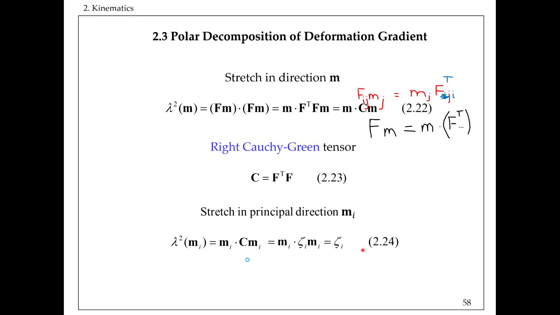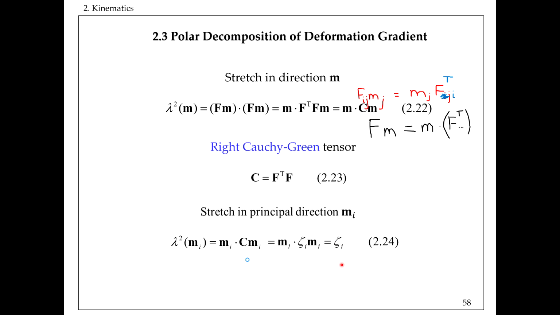And since psi is a scalar, we can pull it out, and then we have the dot product of two M vectors. Because they're unit vectors, the dot product of two unit vectors, where we project one on the other, gives a factor 1, and the result will be psi.